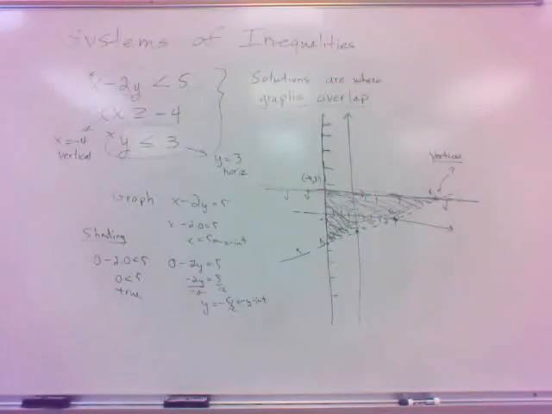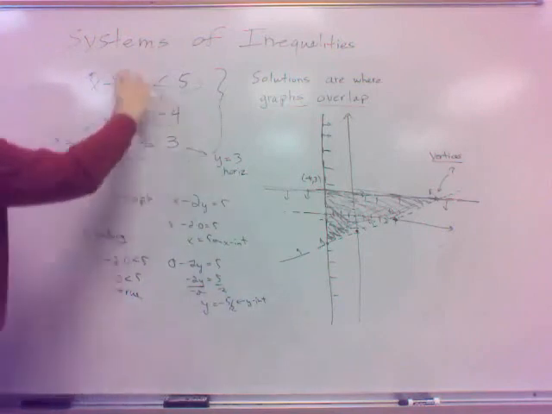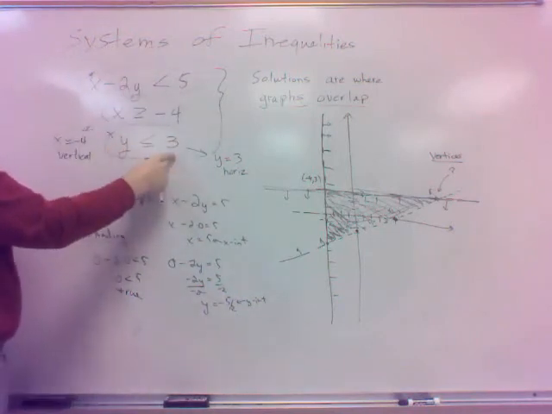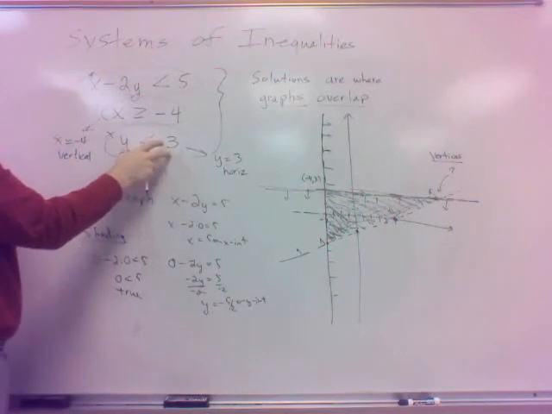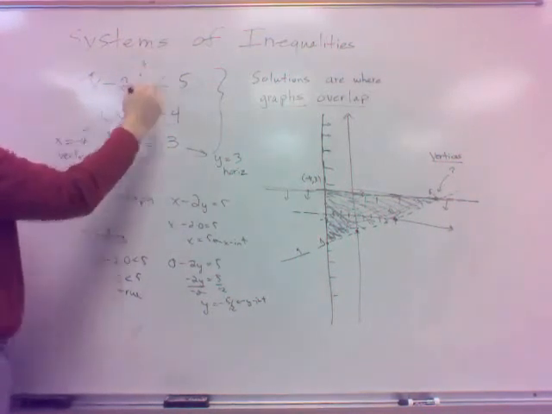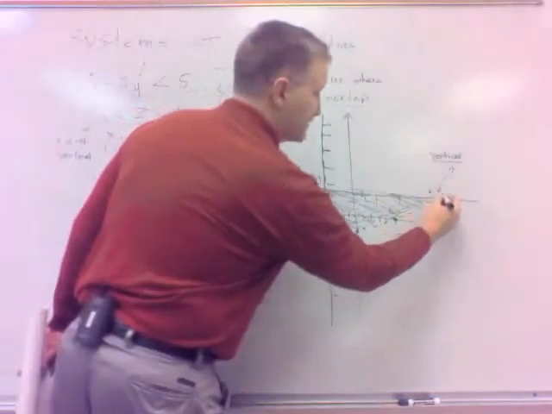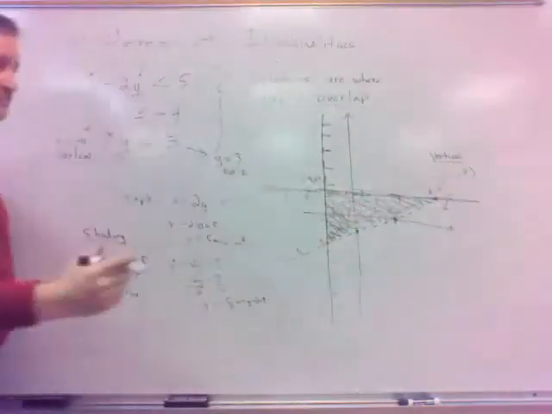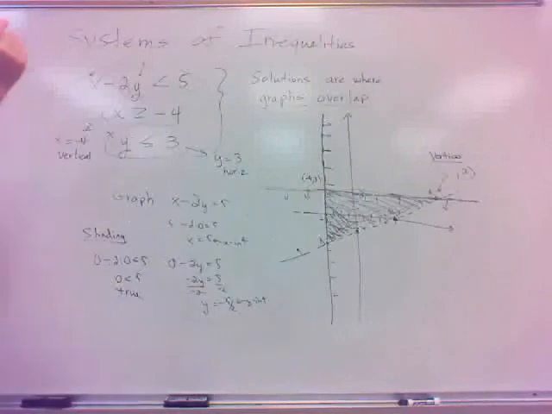Who could tell me how I could get that? Well, if you just treat it like a system, I've got y equals 3, so if I plug in 3 right there, the y value would be 3. It's got to be 3. To get the x value, plug in y to be 3.